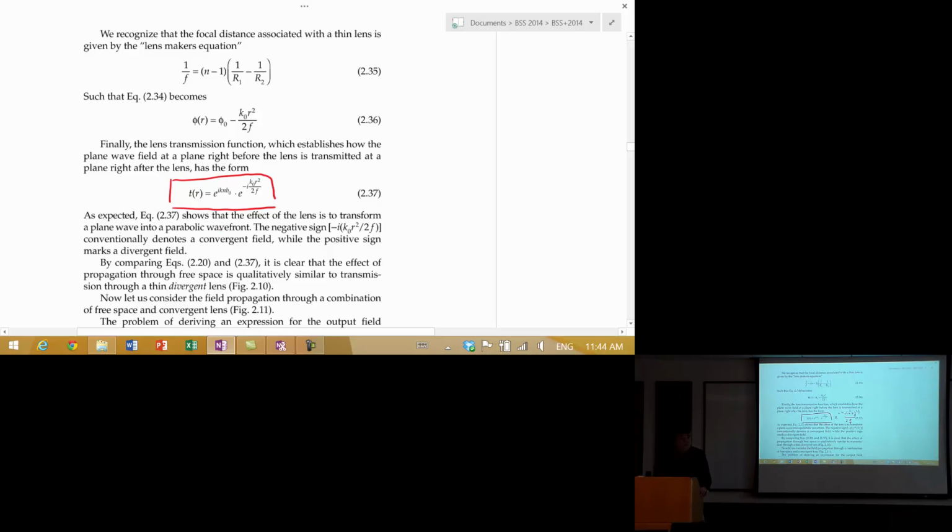Okay, what does this remind you of? Gaussian. It's the same kernel as in the Fresnel approximation, except that what is different? What's the width of the Gaussian now? It's f. What did it used to be? What did we have there before?